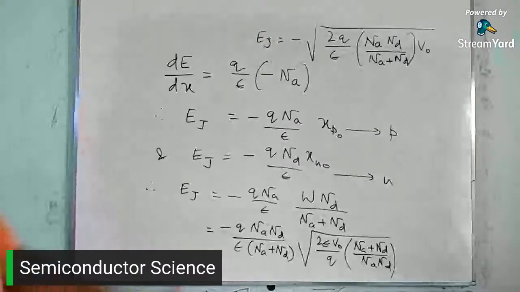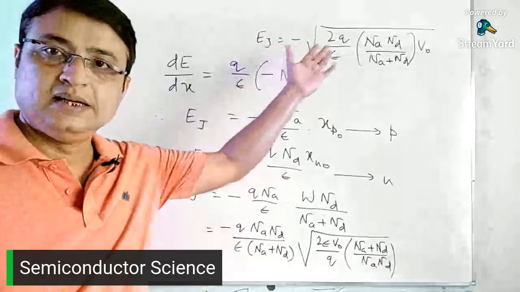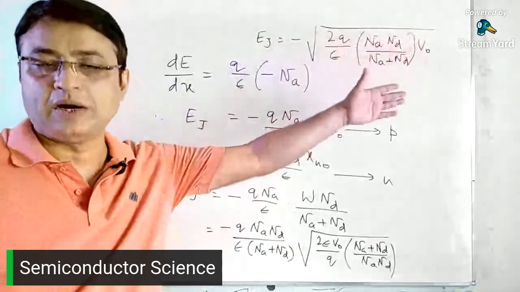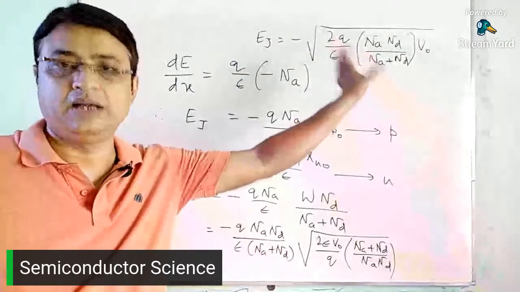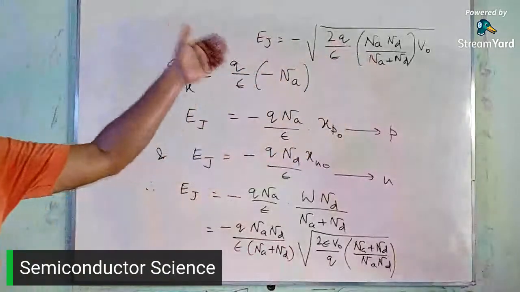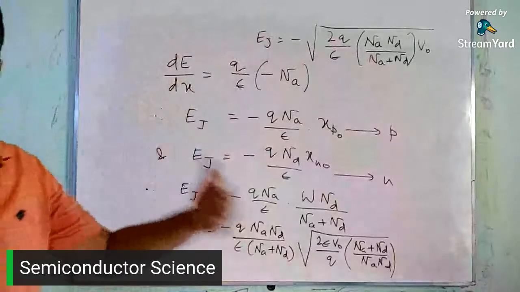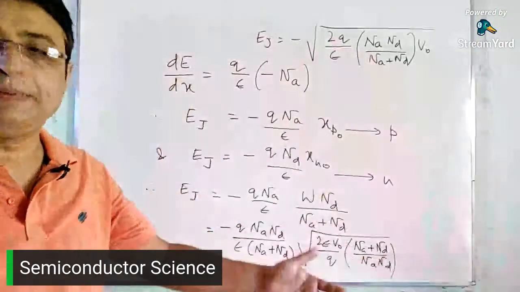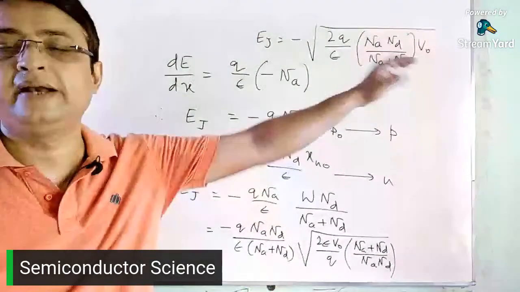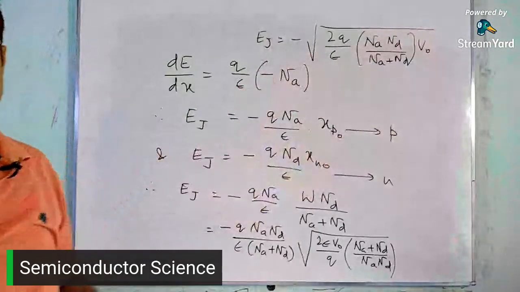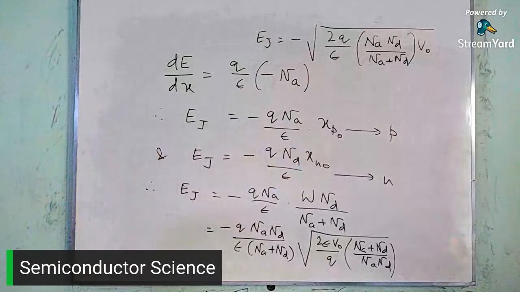As a result, the field decreases. If you put V0 minus VF in this particular equation for forward bias, you will find that Ej decreases. And with reverse bias, the opposite case appears, that is, you have to put V0 plus VR and then Ej increases.